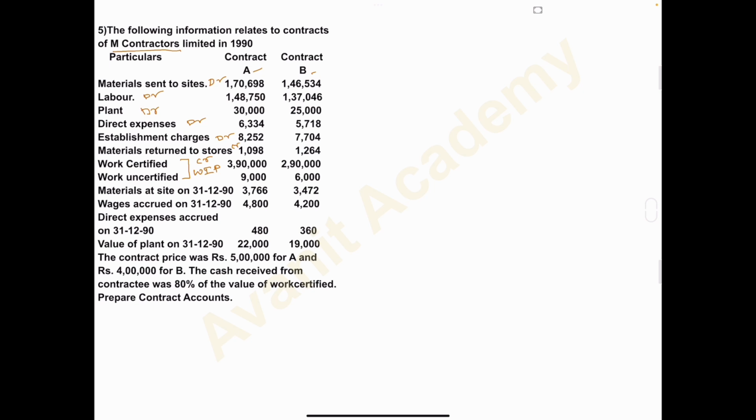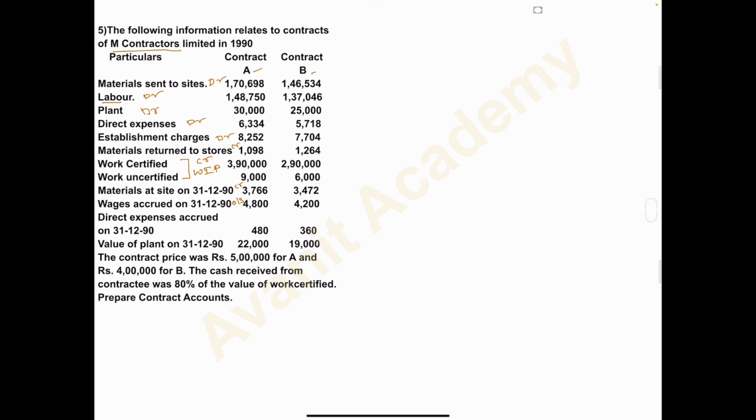Correct? Materials at site on 31st December 90. So this is the closing material. We'll take it on credit side of the contract account. Wages accrued on 31st December. Wages accrued means it is outstanding. So whatever the labor amount we have, to that we have to add this wages accrued.